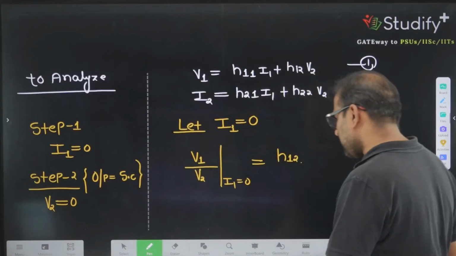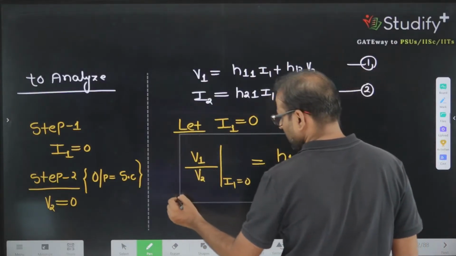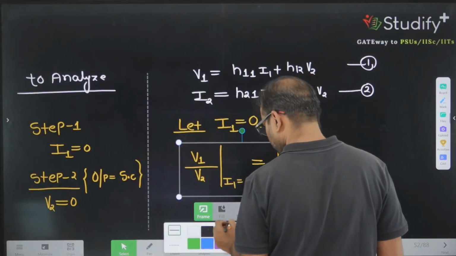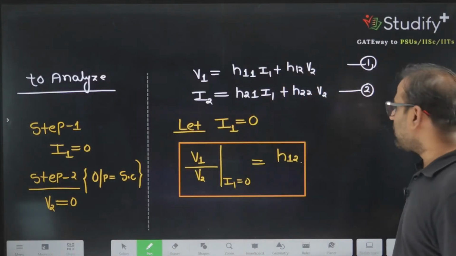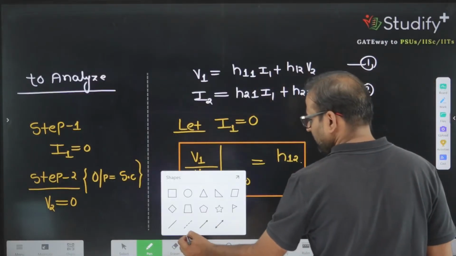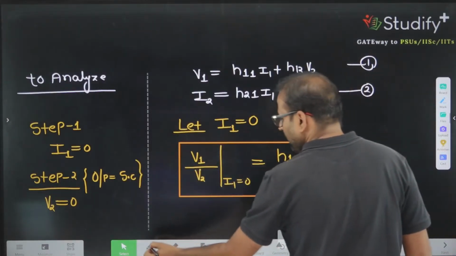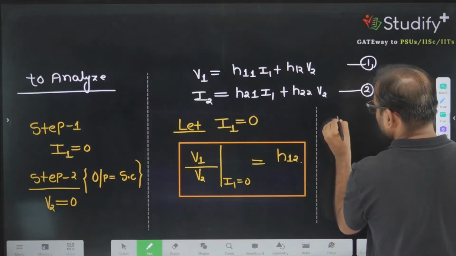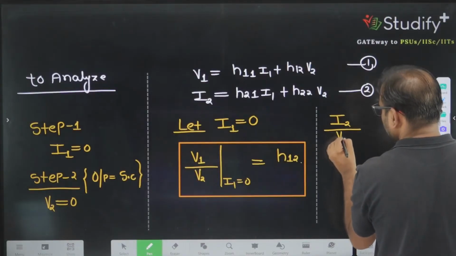H12. Now let's calculate the other parameter. By making I1 equal to 0, one more parameter you can calculate, and that is the ratio of I2 divided by V2.